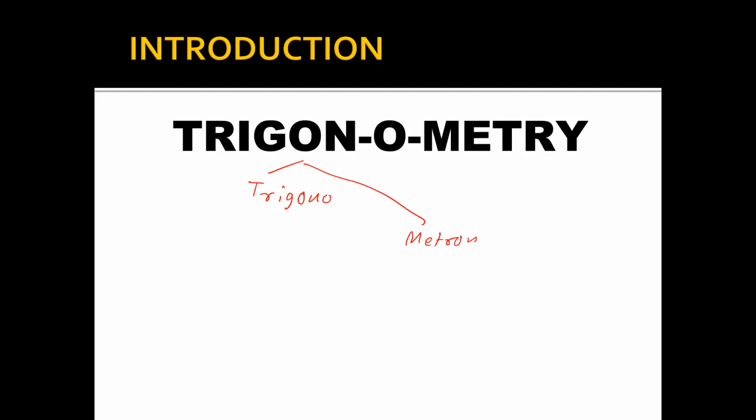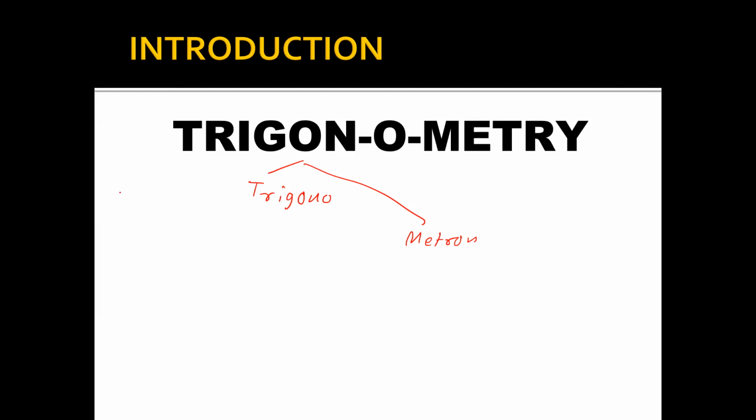In our earlier classes, we have constructed many shapes like square, pentagon, hexagon, heptagon, octagon. All these shapes we have constructed in our earlier classes. These are all called polygons.